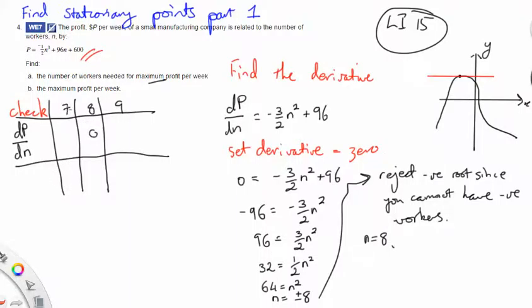Let's sub in 7. Let's see. 7 squared is 49. Oh wow, that's quite tricky. I'm going to have to do it on a bit of paper. So 7 squared is 49.